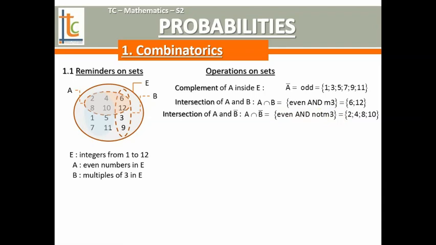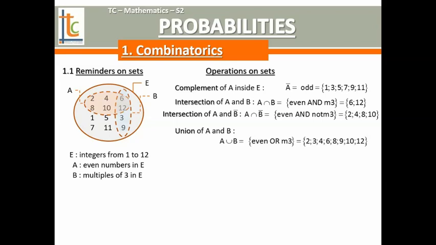Now, let's define the third and last operation on sets, the union. The union of A and B is the creation of one set that takes A and B together. So that's a set that is bigger than A or B alone. This time, it corresponds to the logical term OR.